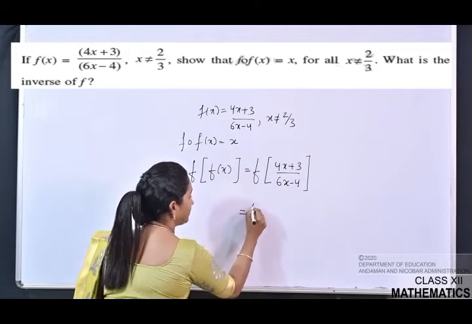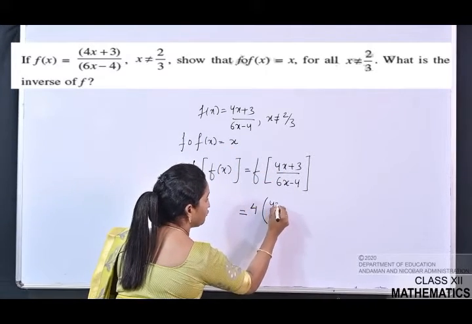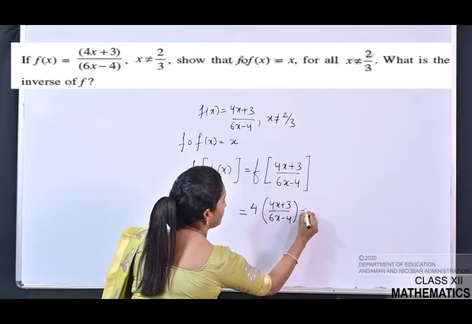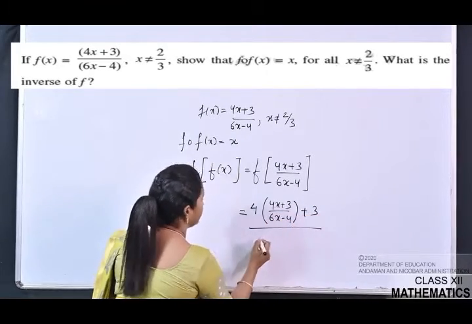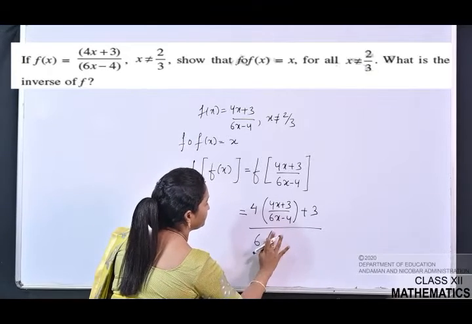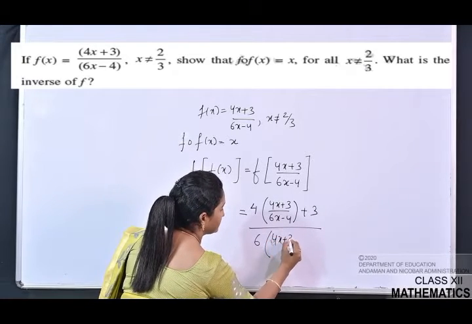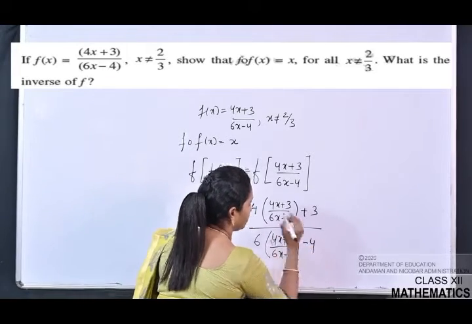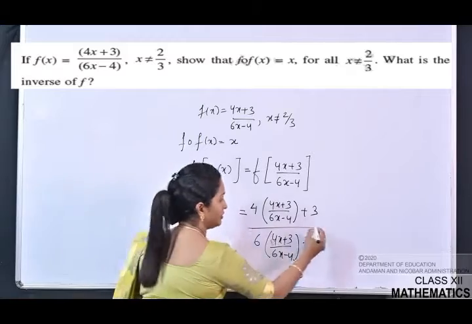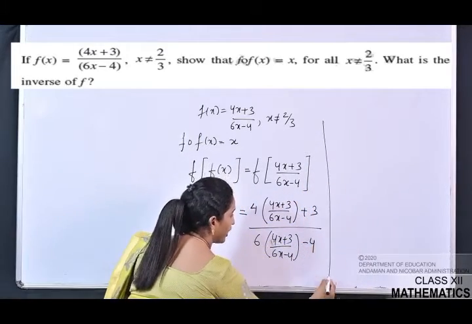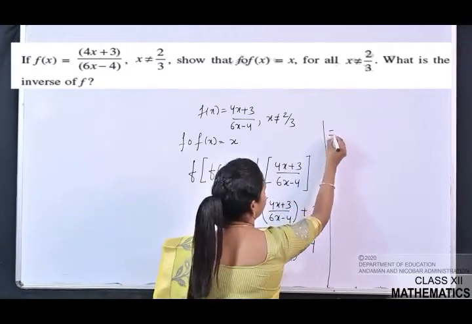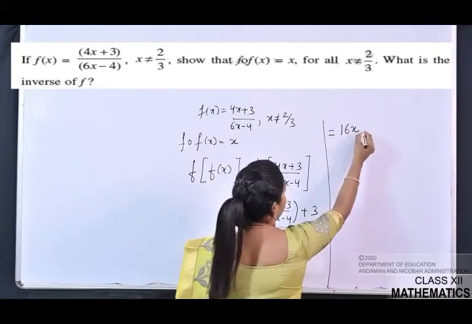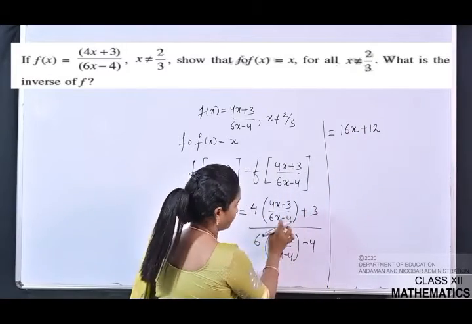So what are you going to get? 4 into (4x plus 3) by (6x minus 4) plus 3, by 6 into (4x plus 3) by (6x minus 4) minus 4. Which will be equal to, you have to simplify this. When you simplify, you have to multiply inside. That means 16x plus 12, you have to cross multiply.